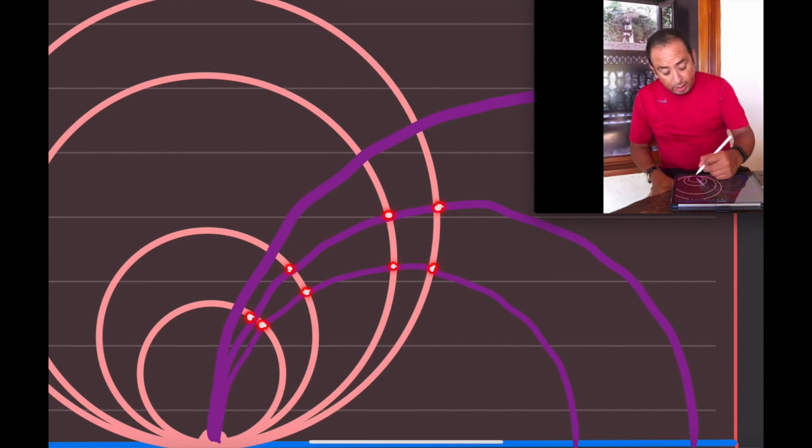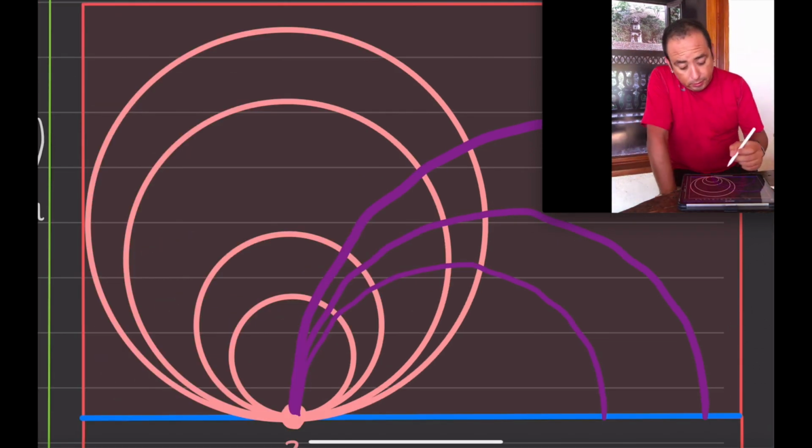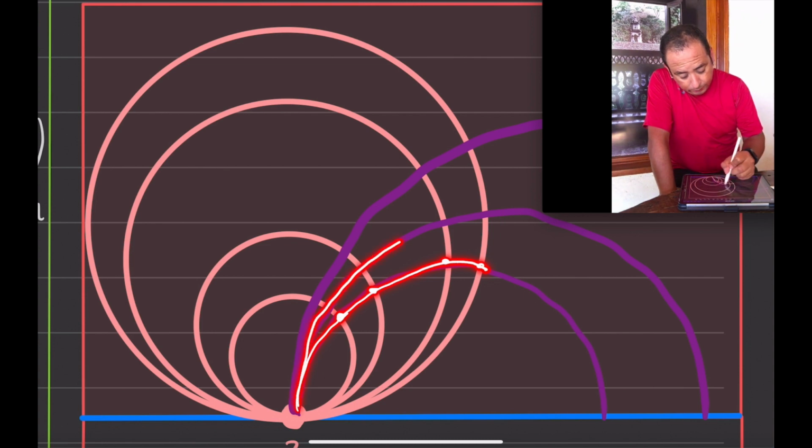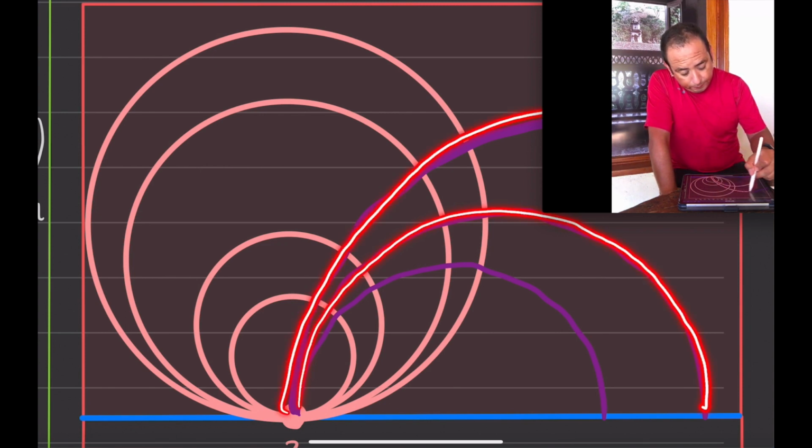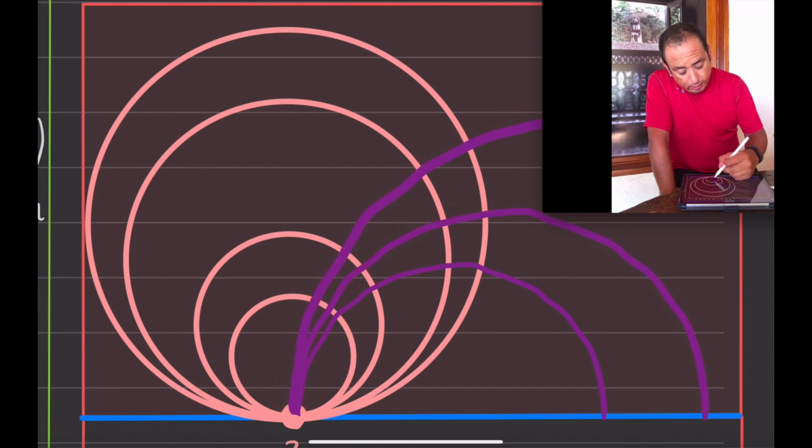The first iteration of these points then goes here, right? And likewise, if the image of this shortest curve under nu is this shortest curve, then the images of these points are these points of intersection with the corresponding horocycles.